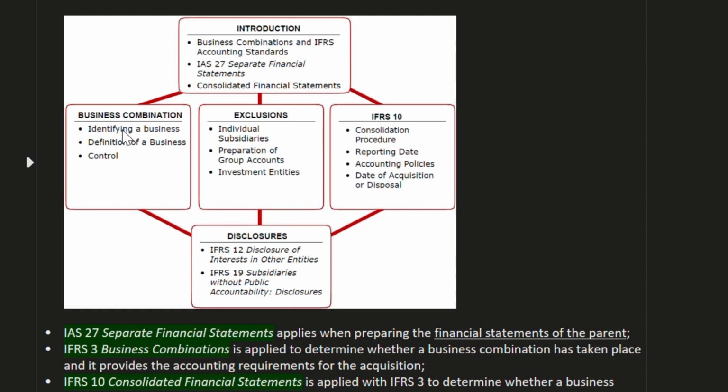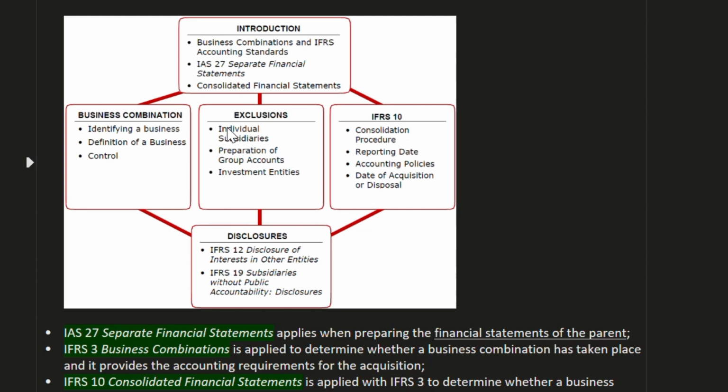Identifying a business: whether it is a business or not, because sometimes we just acquire an IAS 16 asset, but we need to understand whether it is a full-fledged business. There is a requirement, so we need to check it.